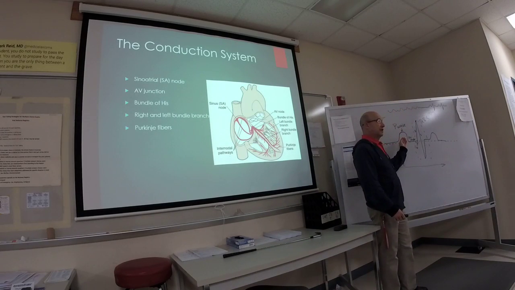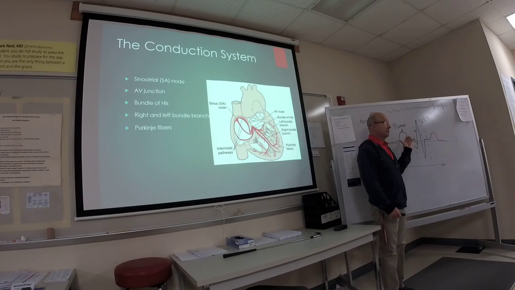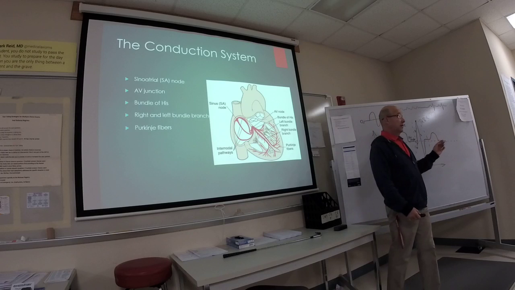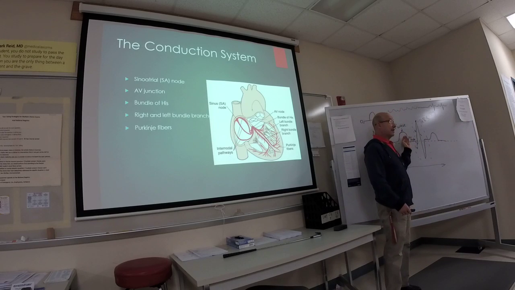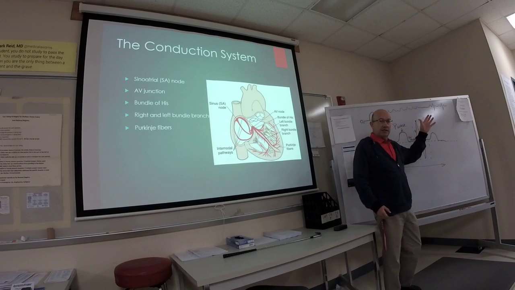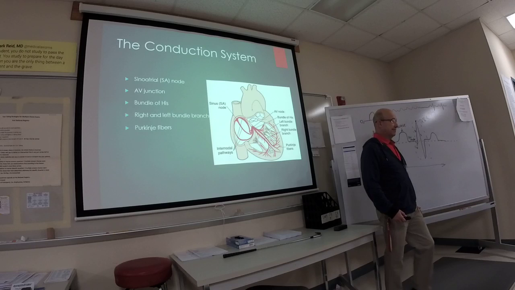This P wave has a definition, and that's important. The P wave is upright, well-rounded, and it precedes a QRS complex. Remember that well-rounded part. If it's not well-rounded, is it a P wave? No, because it doesn't meet the definition.